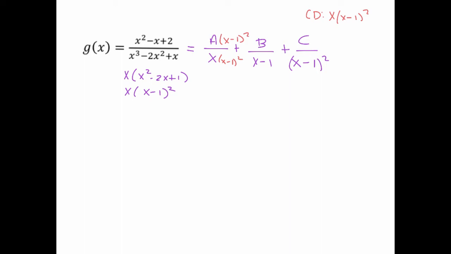The second term, the b term, is lacking another x minus 1 and an x, so I multiply the top and the bottom by that. And finally, the last term is just missing an x. Now that the denominators are identical on both sides, they can be ignored, and I can set the numerators equal.